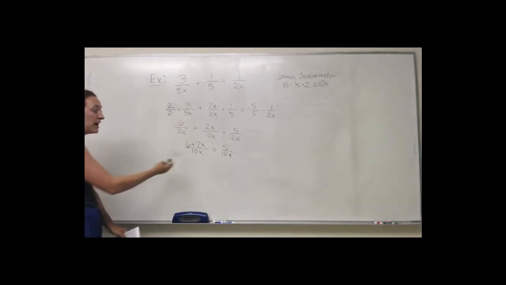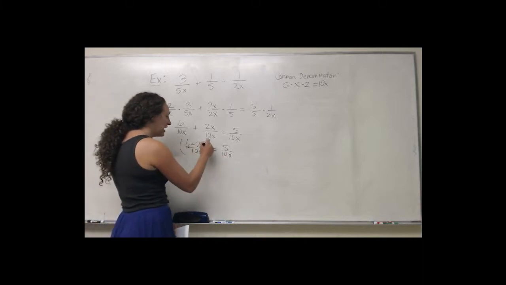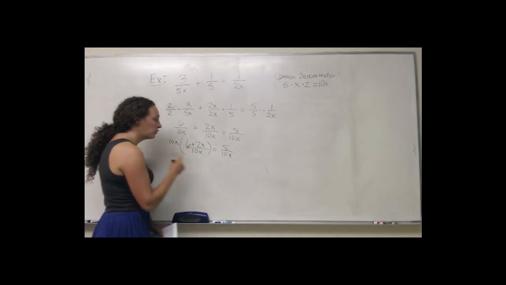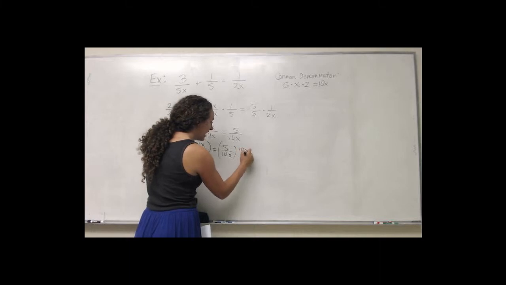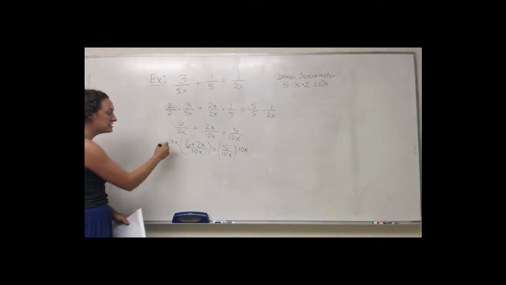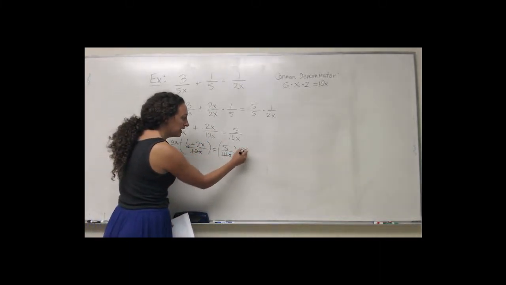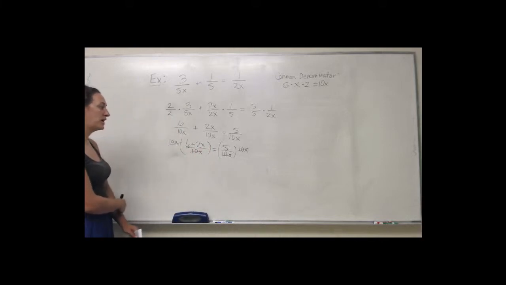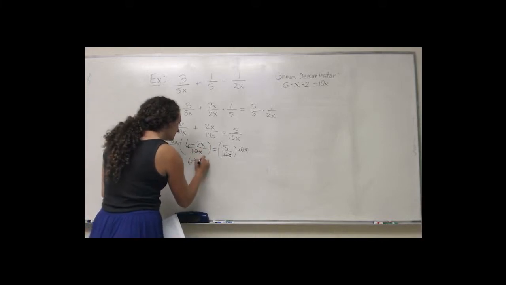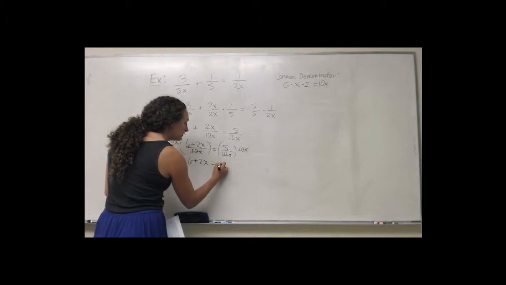Now on both sides I've got 10x, so I'm going to multiply both sides of my equation by 10x. This is going to cancel these out, and then I'm left with 6 plus 2x is equal to 5.